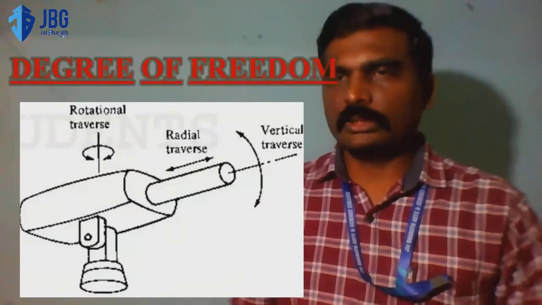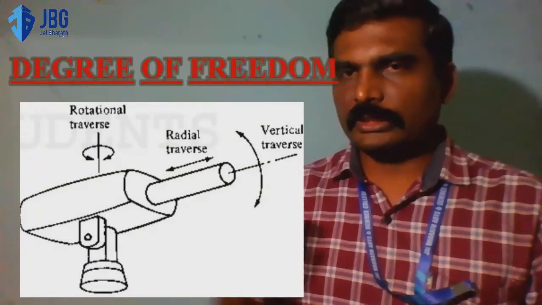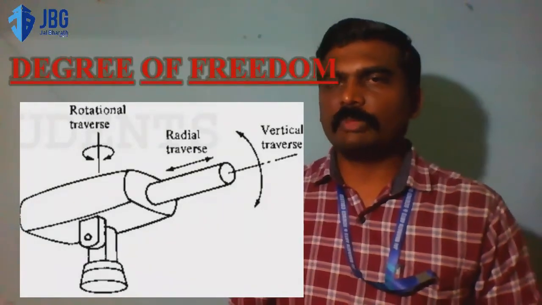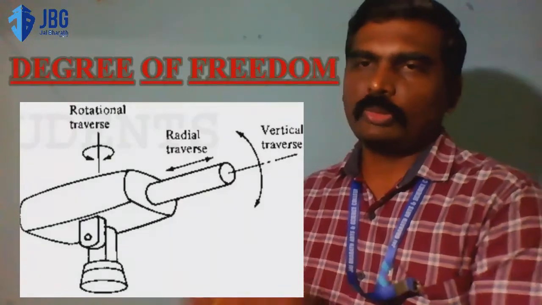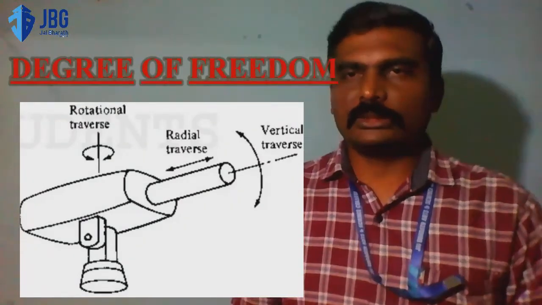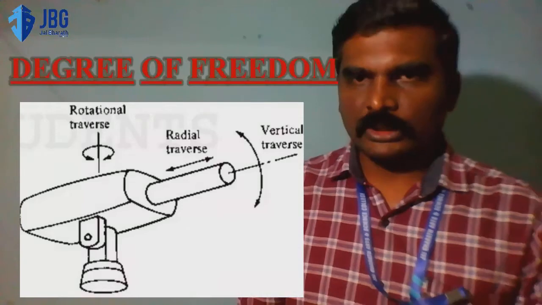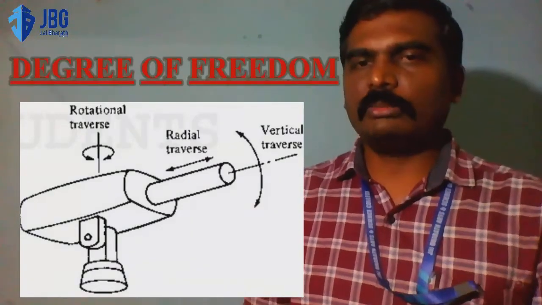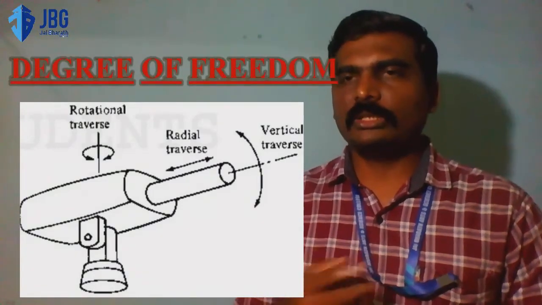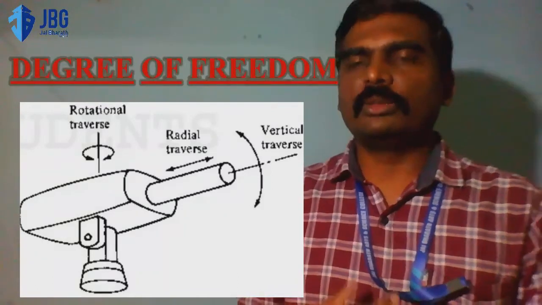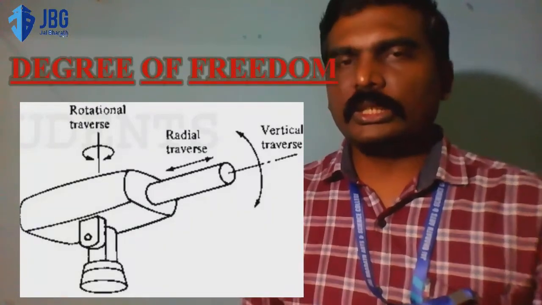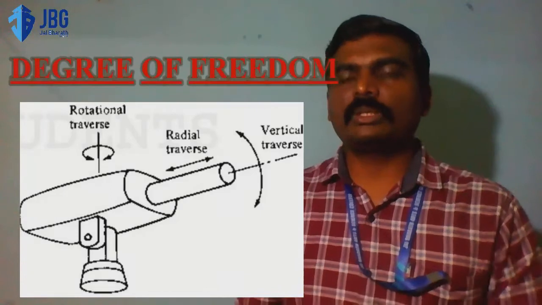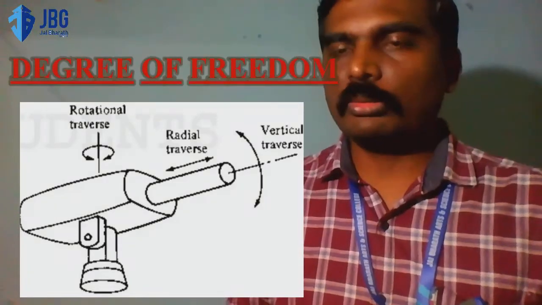In radial traverse, you can extend or retract the arm from the vertical center of the robot. And in the third, rotational traverse, you can rotate the arm about the vertical axis, that is, rotate the entire body of the robot. These are the 3 types of degrees of freedom associated with the body or robot arm.